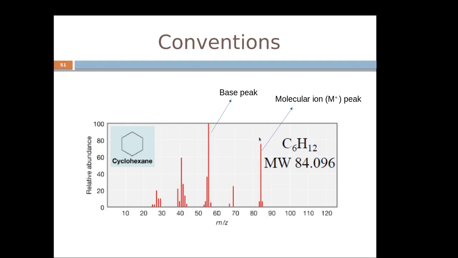This peak gives us some information about the formula as well as the structure of the molecule under investigation. The most intense peak, or the fragment with the highest relative abundance, is called the base peak in the mass spectrum. Sometimes the molecular ion peak could be the base peak, and sometimes the base peak could be different from the molecular ion peak. It depends upon which fragment gives the highest relative abundance.